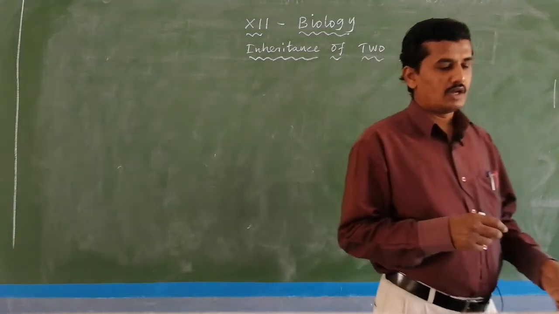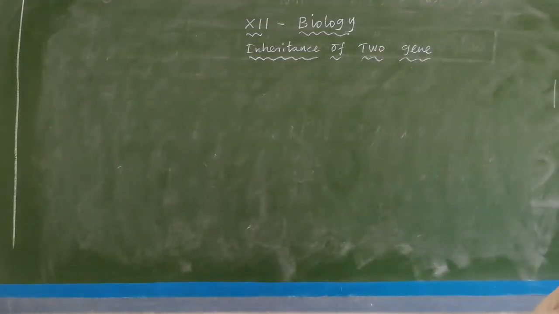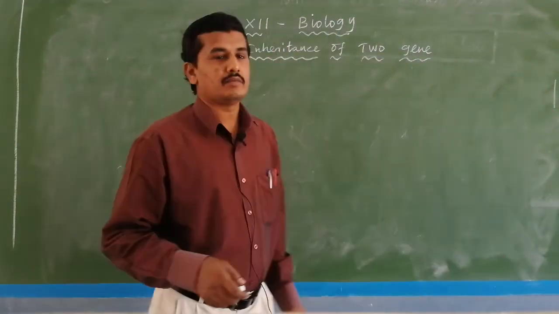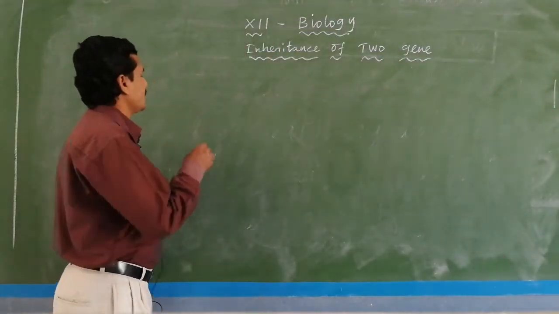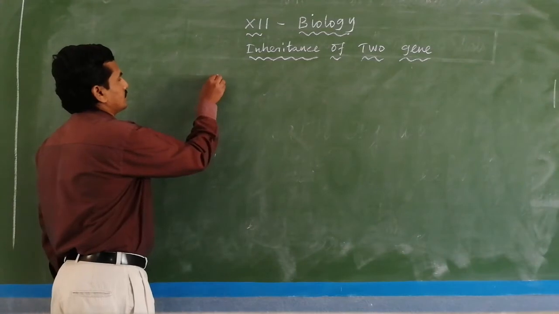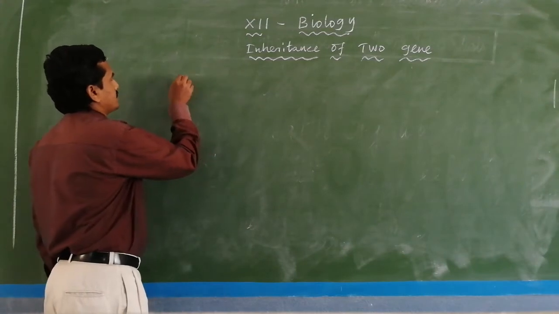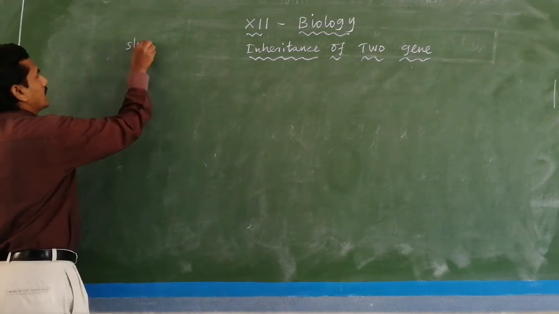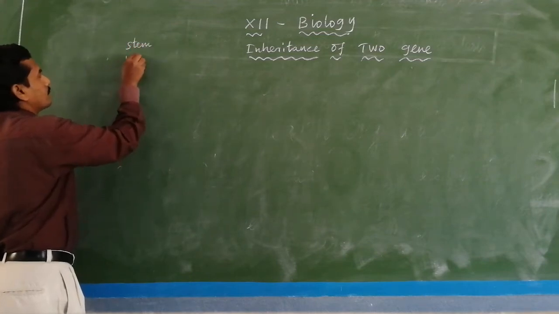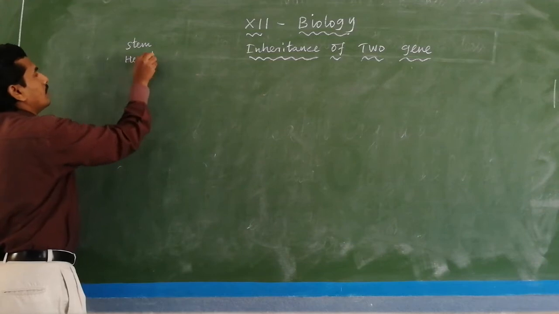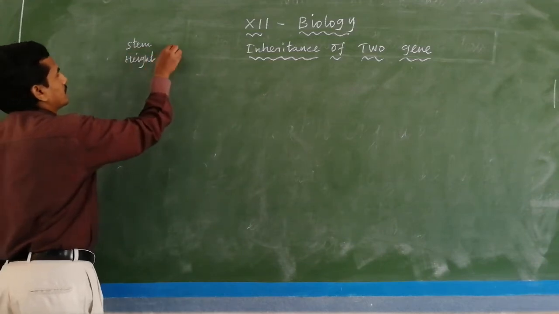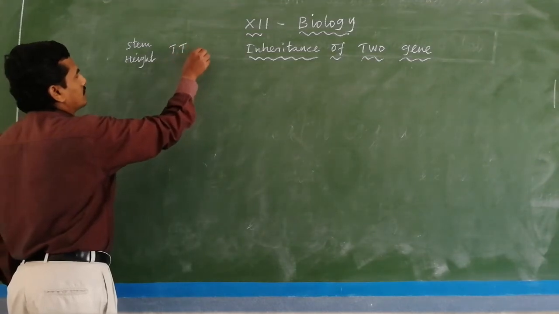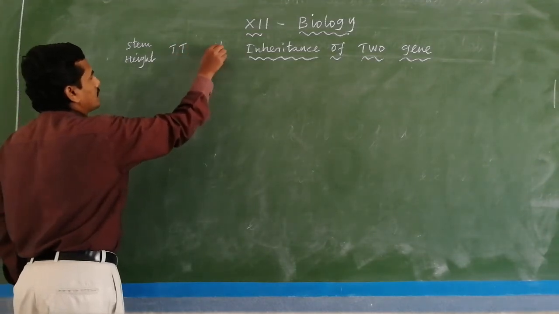How many versions are in the height? Normally you know height means tall. We take stem height as one character: tall, capital T, is the dominant version, and small t is the recessive version.